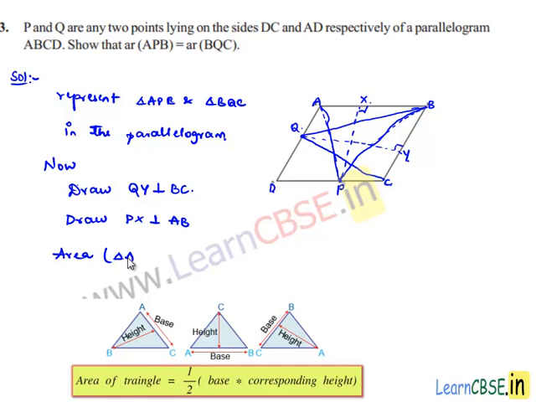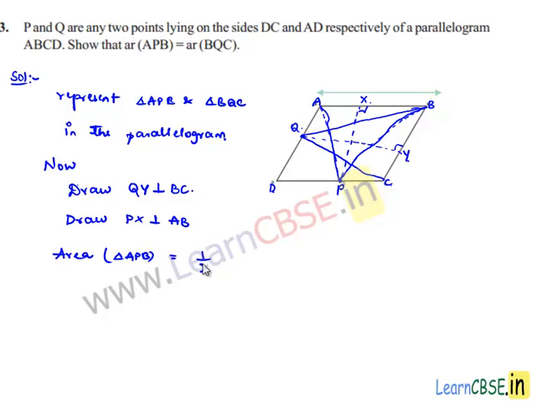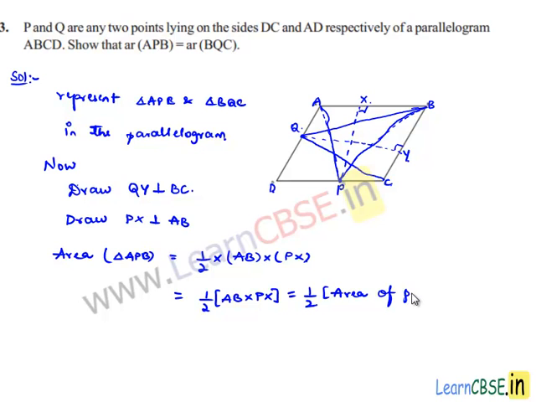Area of triangle APB is equal to half times base AB times height PX. Here in parallelogram ABCD, if we consider AB as base, then PX is the corresponding height. In a parallelogram, the product of base and its corresponding height is the area of that parallelogram. Therefore, we can replace AB into PX as area of parallelogram ABCD.